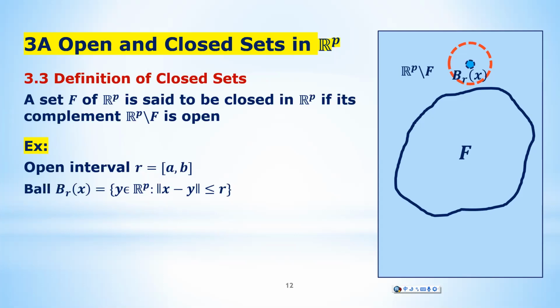But here, if I put the equal sign inside, that would be less than or equal to, then you can see the boundary is included in the ball. This is what we call a closed ball. And the closed ball is a closed set.